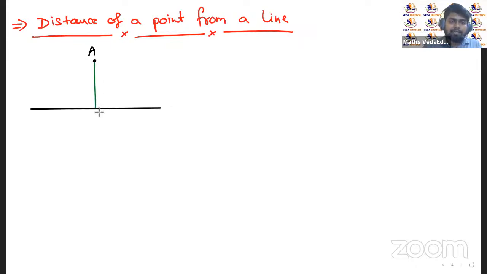We can consider this point as x1 comma y1. We can take this point as P. And the equation of this line is ax plus by plus c equal to 0.